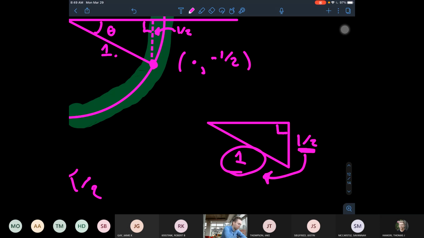This is the relationship between the sides of a 30, 60, 90 triangle. So this 1/2 will be across from the 30, the 1 will be across from the 90, so what should be across from the 60? It should be whatever is across from the 30, which is in our case 1/2, times the square root of 3. So this side should be square root of 3 over 2.